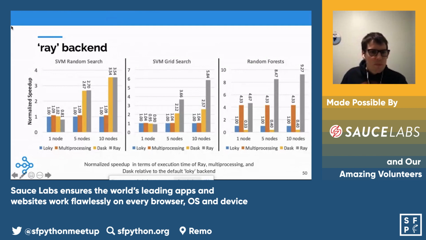Anyway, the only ones that really get better performance on more nodes are the ones that actually support distributed computing. So for SVM with grid search and then random forests, you should have better performance. This graph is just what happens to be some older versions of Dask and Ray.